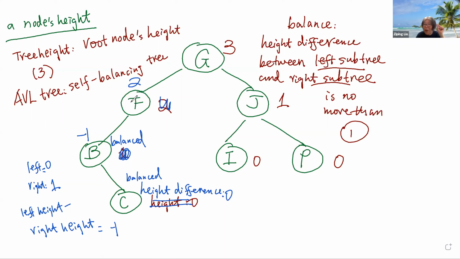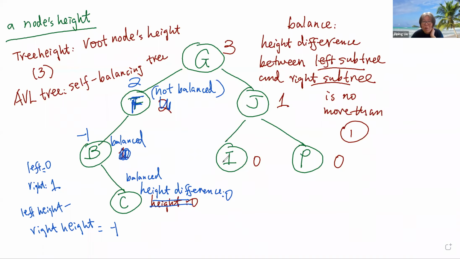And how about F? F's height difference is 2, so it's not balanced. Be careful: node F is not balanced. Let's keep looking.